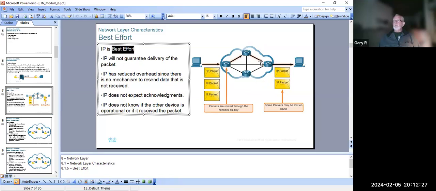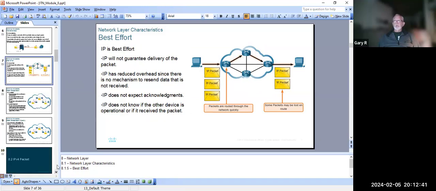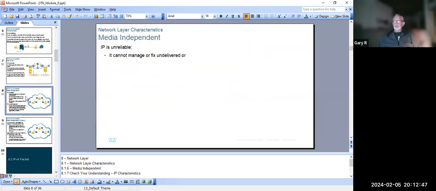But if it gets lost along the way, no one's sending a message back with IP itself. The IP protocol does not send a message back saying, hey, it got damaged, resend it. Now, upper layers like TCP can send messages back saying, I never got that, but IP itself does not.